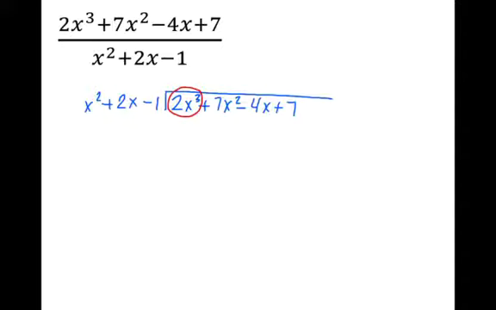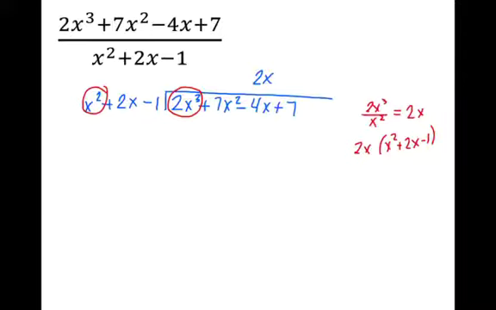I need to compare 2x cubed and x squared. Well, 2x cubed divided by x squared is 2x. I need to take 2x, multiply it by x squared plus 2x minus 1.